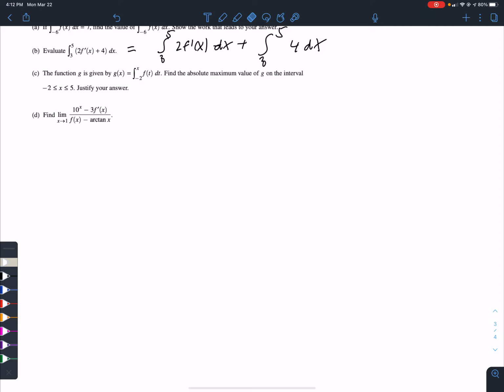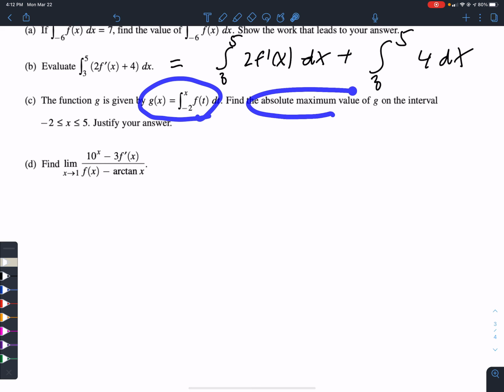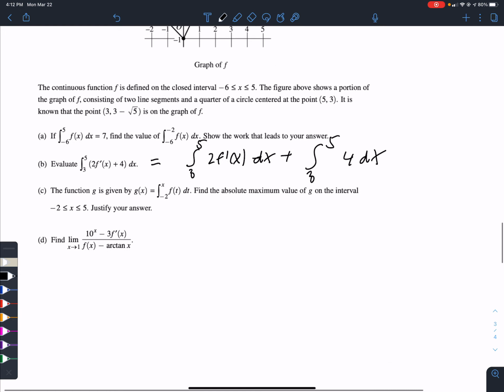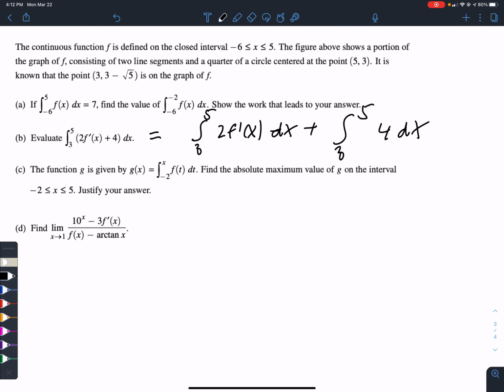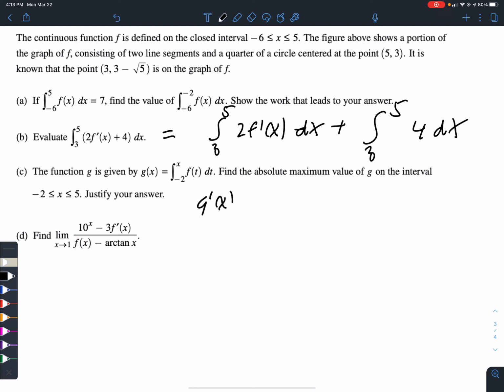absolute maximum of G. So they define G as this, and they want the absolute maximum of G from -2 to 5. And so the question, where do maximums occur? At critical points and endpoints. So to find the critical points, I need the derivative of G, and again, fundamental theorem, so common.